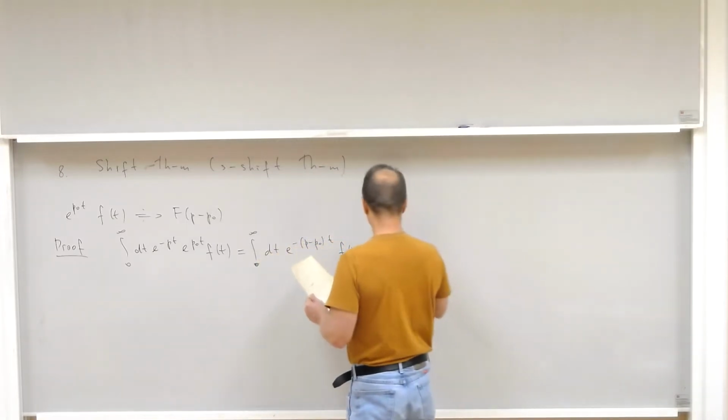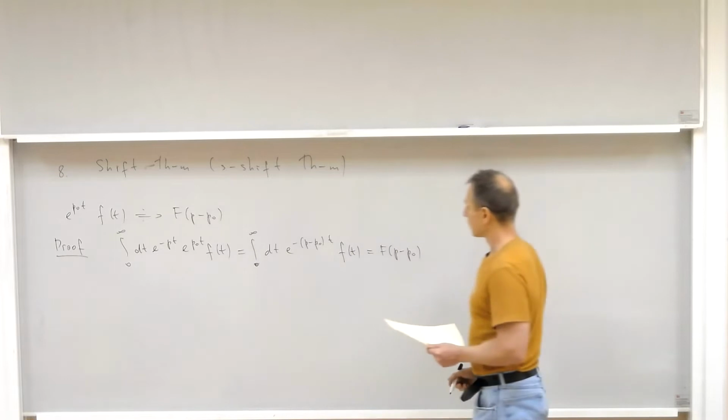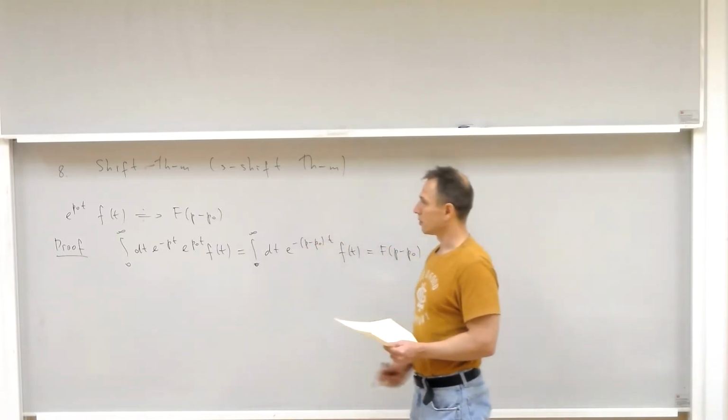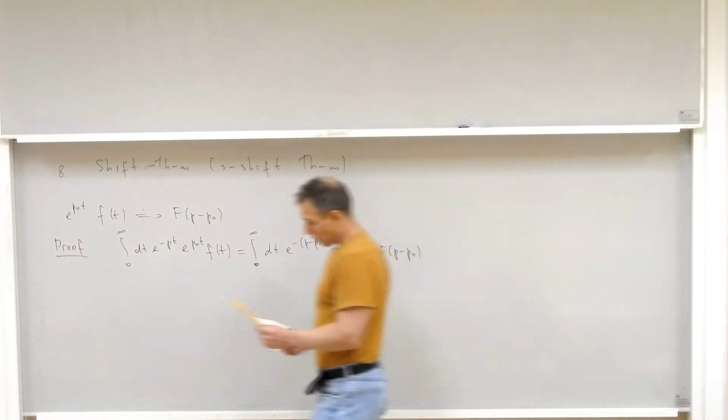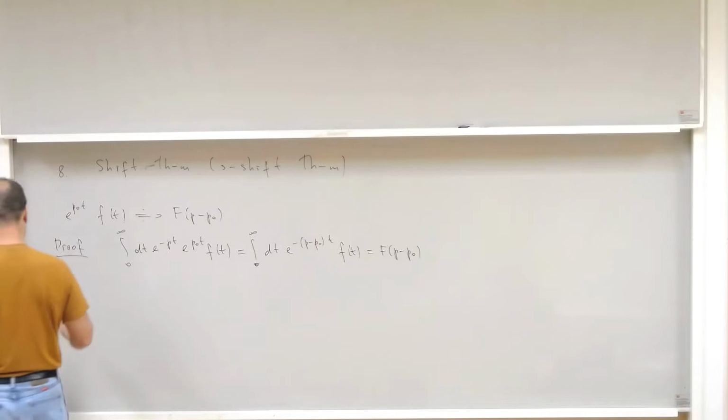And this, by definition of the Laplace transform F large, is given by this expression, because p is replaced here by p minus p0. The proof is finished.